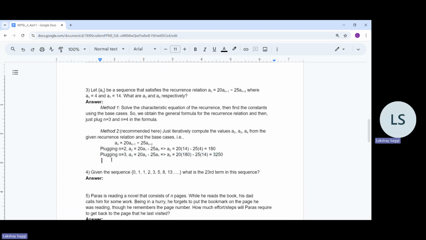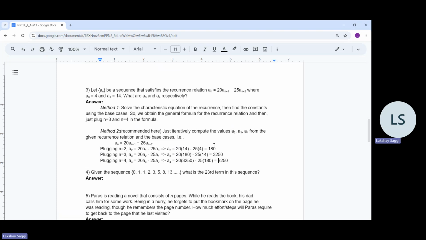And then we can plug n equals to 4. Okay, I don't think I'll be able to calculate this directly, but let's see. We obtain A4 equals 20 times A3 minus 25 times A2. A3 was 3250, so 20 times 3250 minus 25 times A2, and A2 was 180.